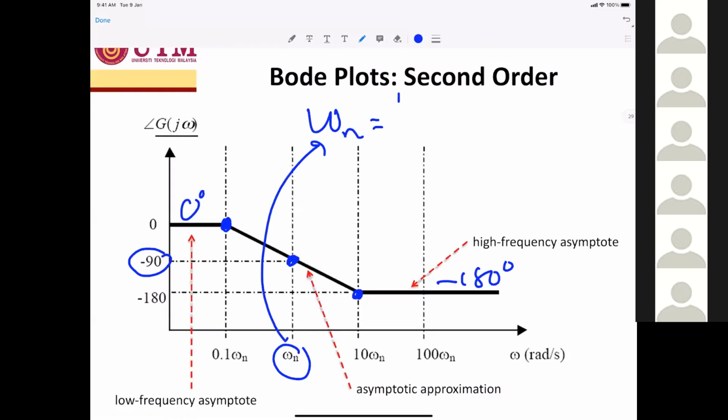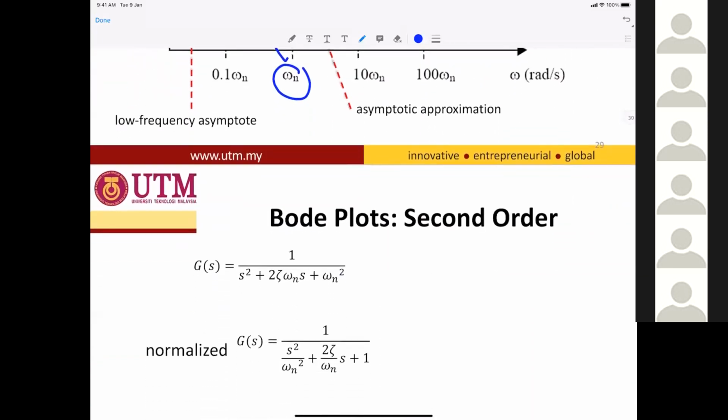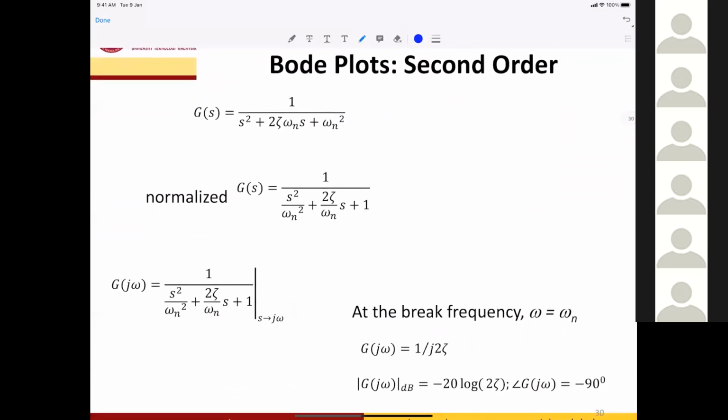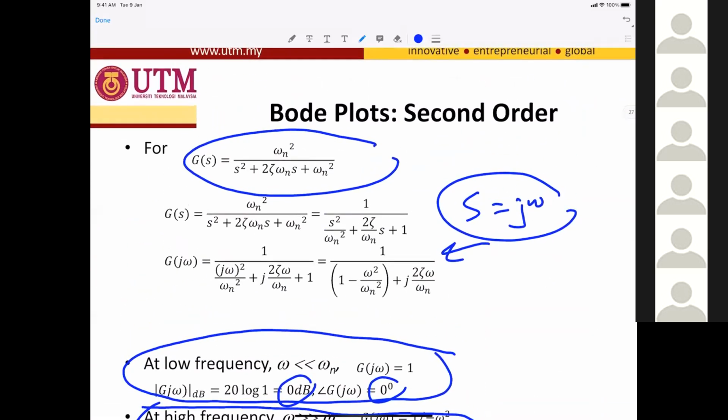Break frequency, which is equal to the undamped natural frequency, right? Okay, so that is the second order system.